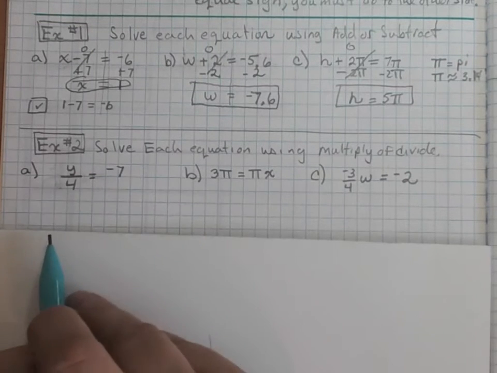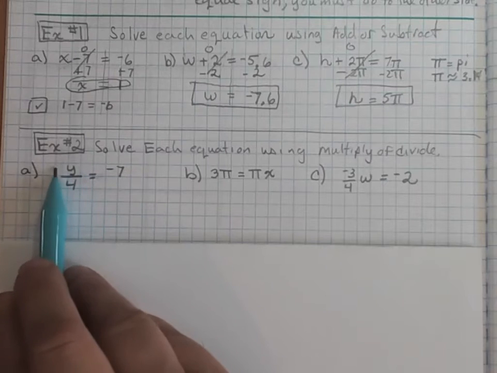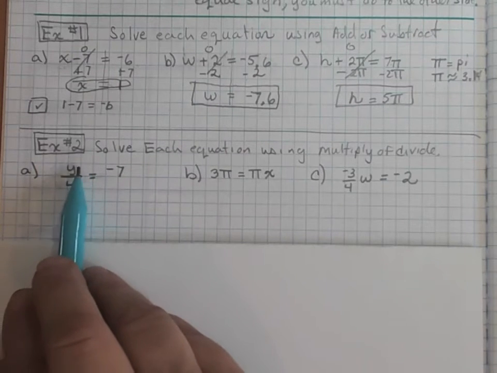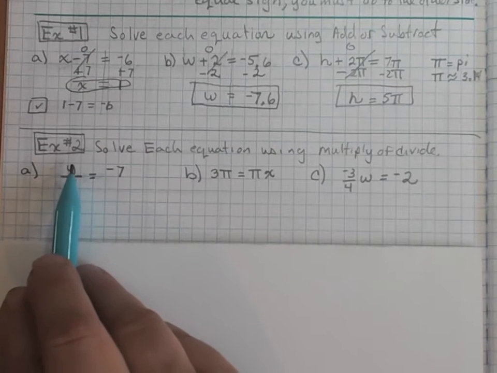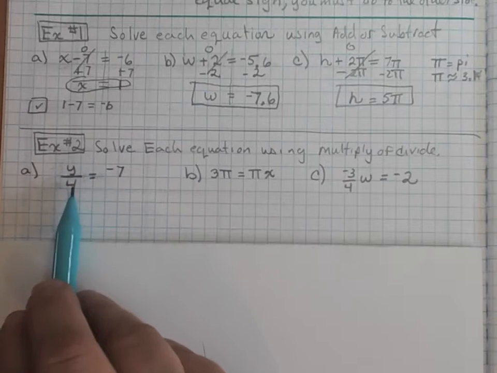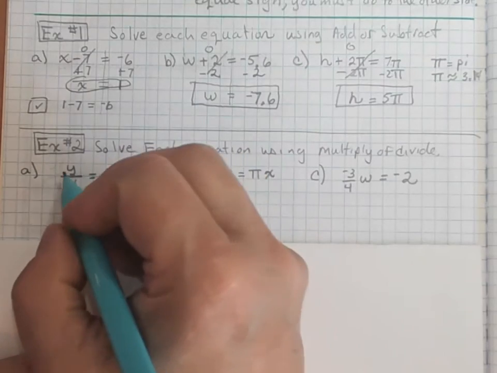And so take a look at your equation. The variable is on the left side this time. And this is division. The fraction bar represents division of two numbers, and the top number is being divided by the bottom. So y divided by 4. All right, I want to undo that division.